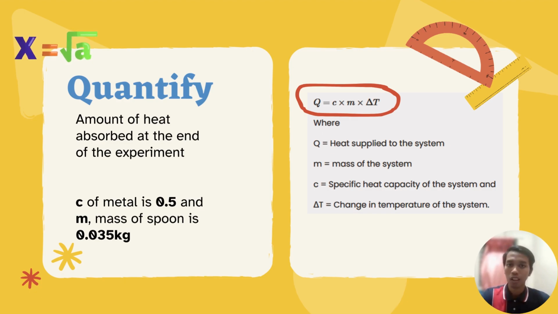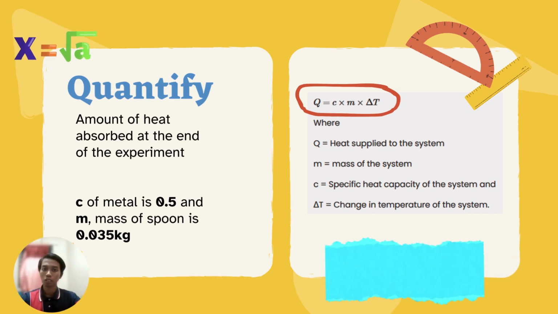We can use the formula for heat transfer, which is Q equals mc multiplied by the change in temperature, ΔT, where Q is the amount of heat supplied to the system, which is our spoon, m is the mass of the system, and c is the specific heat capacity of the system. The c of metal is 0.5, and the mass of the spoon is 0.035 kilograms.